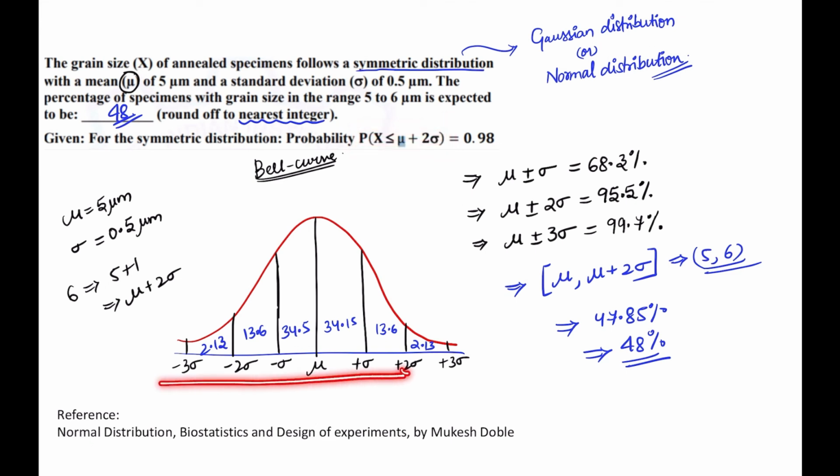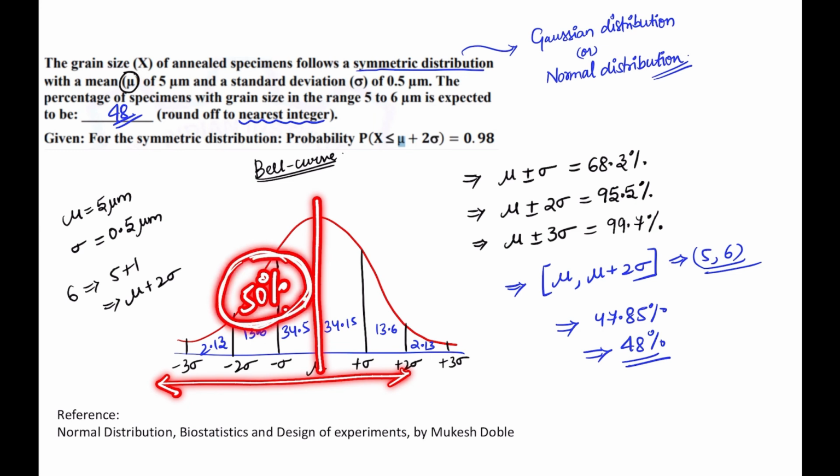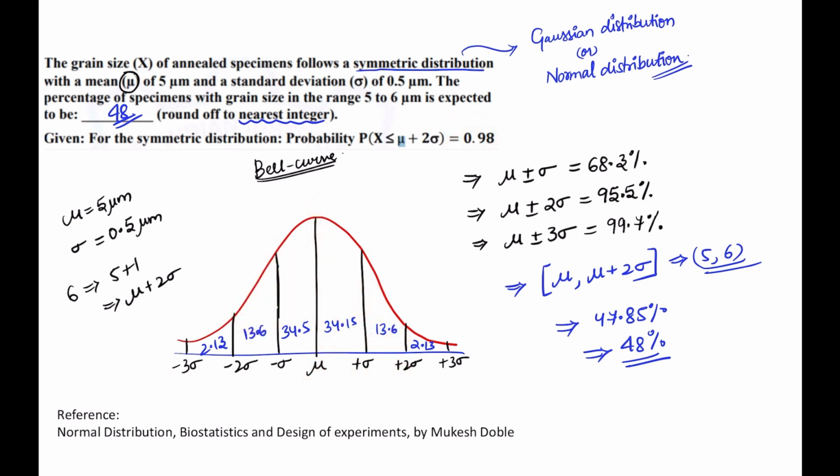That means all this is 98 percent, and we know that sizes less than mu are themselves 50 percent. The rest would be 98 minus 50, which is 48. Of course they gave it as a fractional probability, but that itself can be taken as 98 percent. So I hope the concept of Gaussian distribution is clear. Thank you.